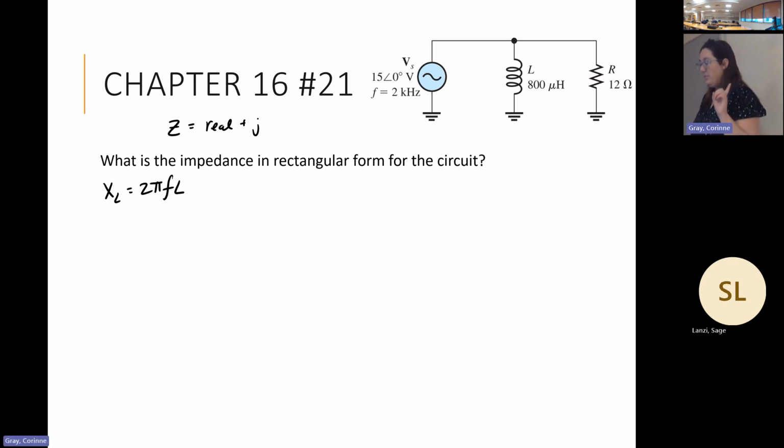My frequency is given in kilohertz and my inductance is given in... No, in that case, that's 100% optional for this one. But I do need to convert my frequency and my inductance into SI units because they will not cancel out. So once you do that, go through and try to solve for the rectangular components.